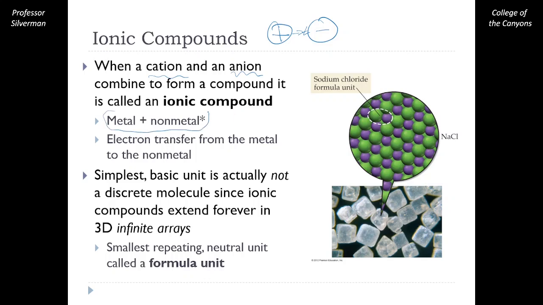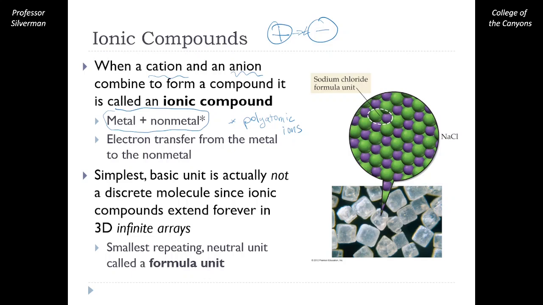A rule of thumb is that we have a metal and a non-metal combining to form ionic compounds. There is an asterisk here. We also start to see ionic compounds when we have polyatomic ions.